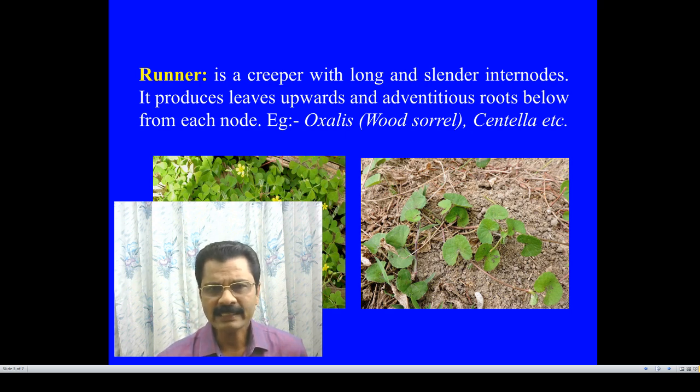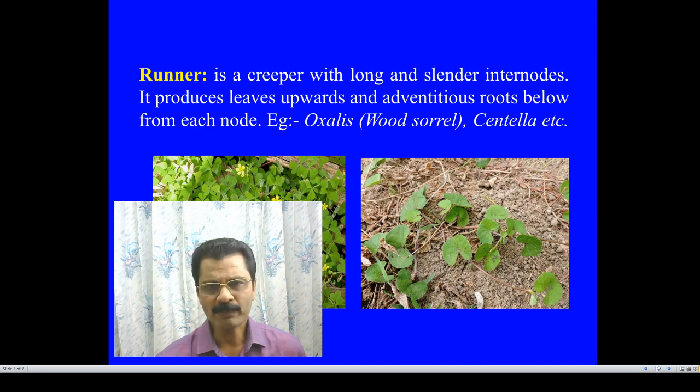And here you can see this is one plant, and from the basal nodal region the branches develop. See, these branches develop. The branches grow horizontally on the surface of the soil, and they have nodes and internodes, and one of the nodes happens to touch the soil surface, and again it produces adventitious roots below, and above you can see the leaves.